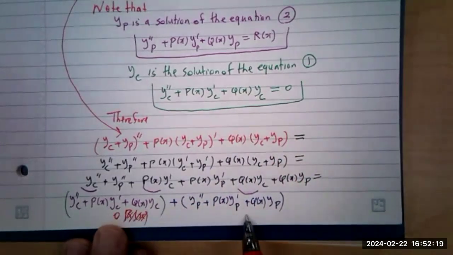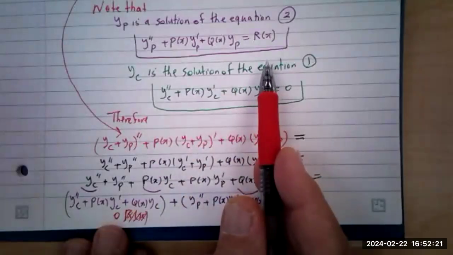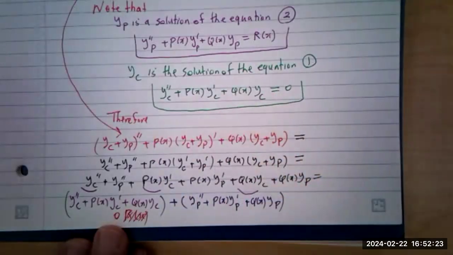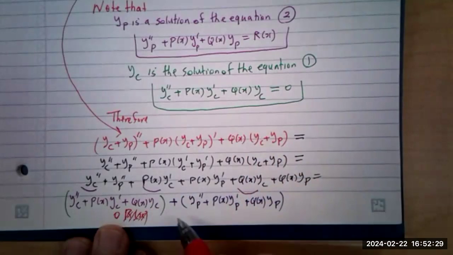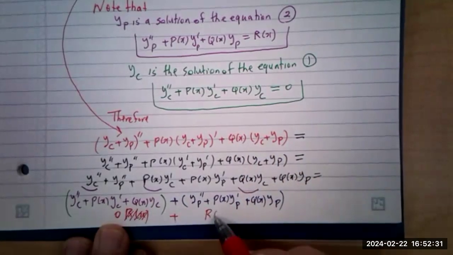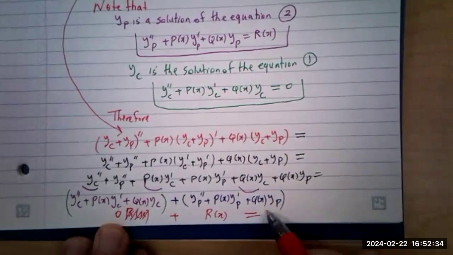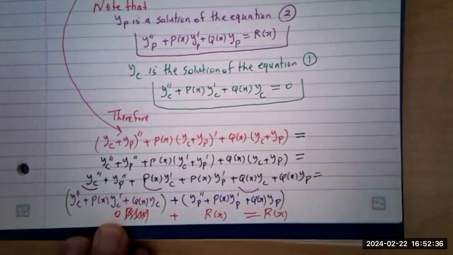And what is this one? The yp would give R of x, because yp was a particular solution of the non-homogeneous equation, while yc was a solution of the homogeneous one. So this would be 0 plus R of x, so altogether it would be R of x.